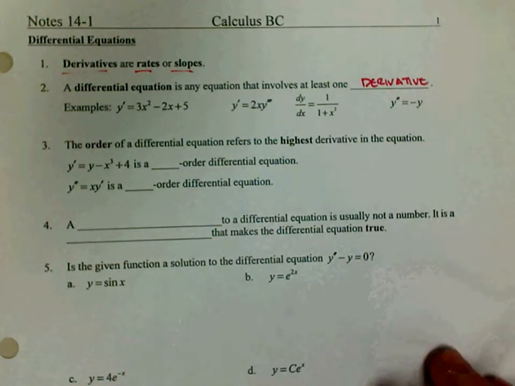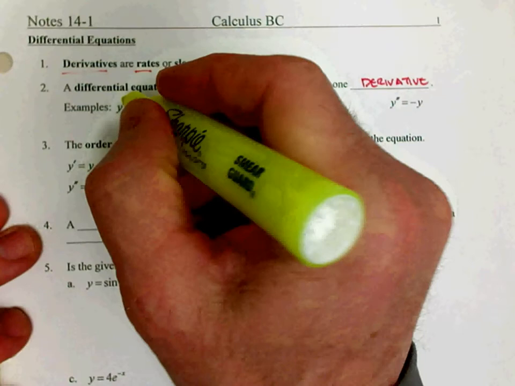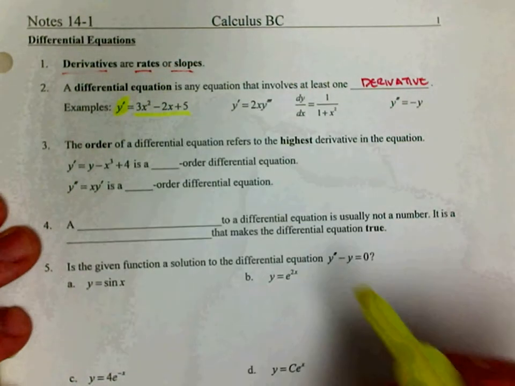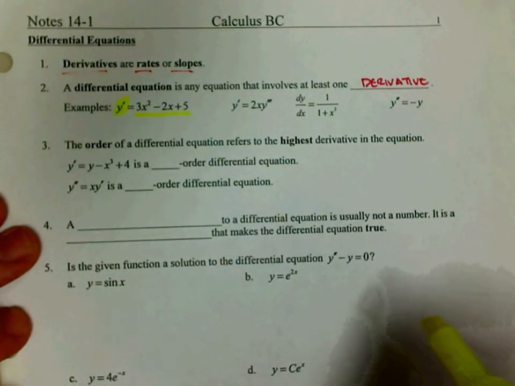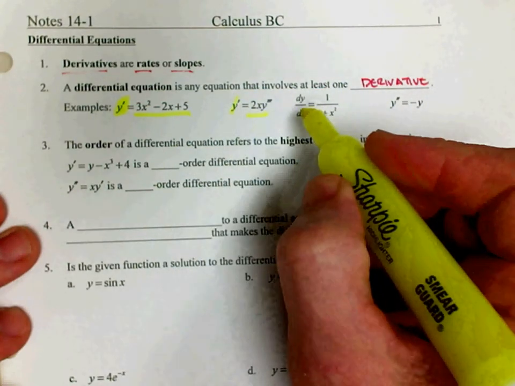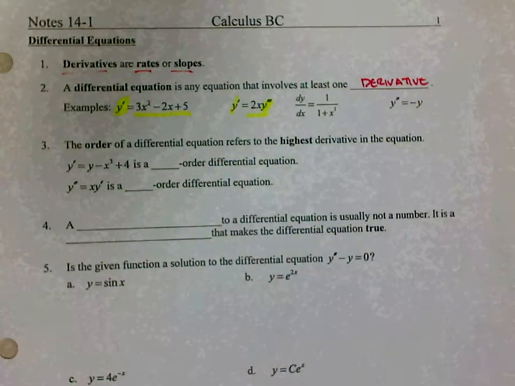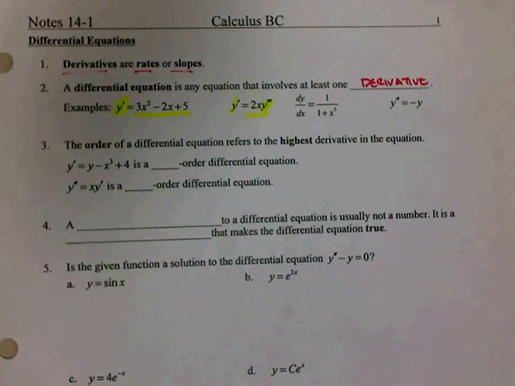We have some examples here. You can see that y prime equals this equation. Y prime equals this equation. And in this one, we even have another derivative in there, the third derivative of y.